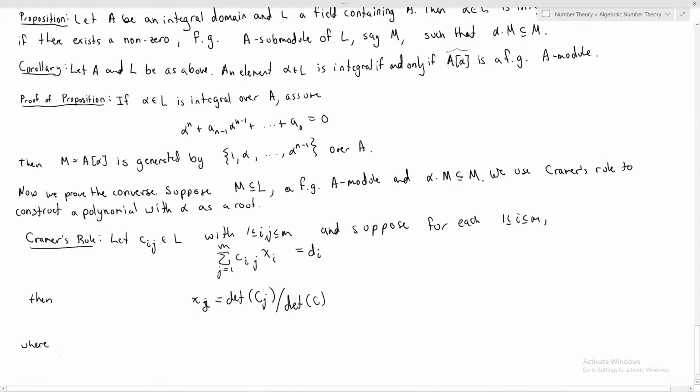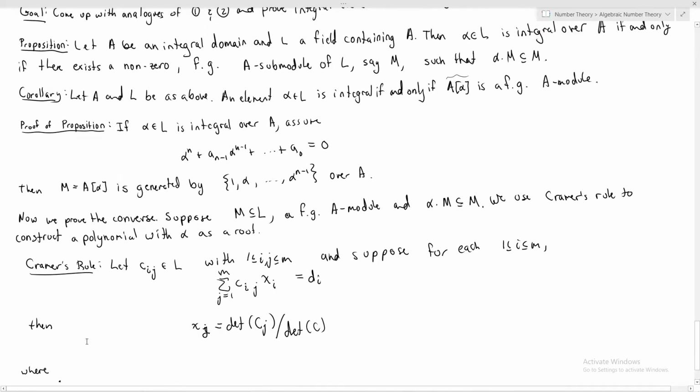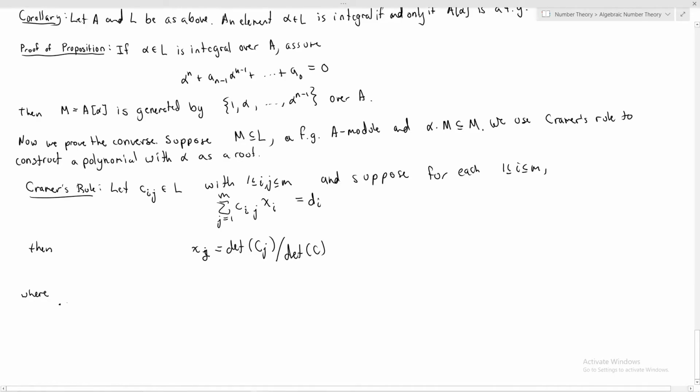Okay, what is this matrix C and what is the matrix C_j?